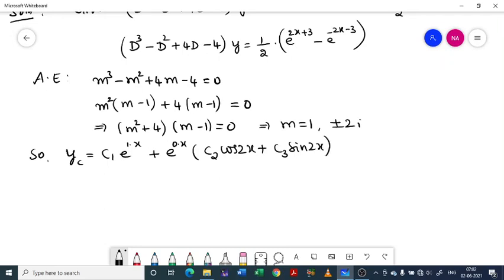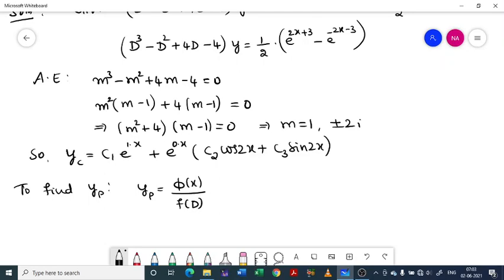Now to find yp. Yp equal to phi of x divided by f of d.